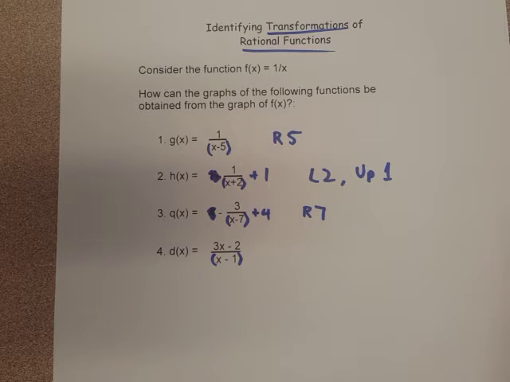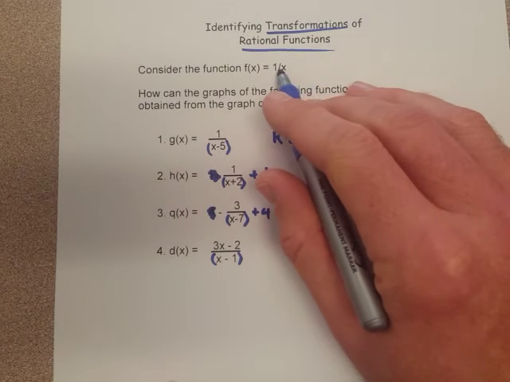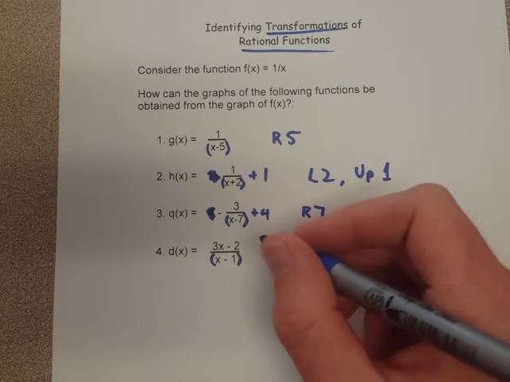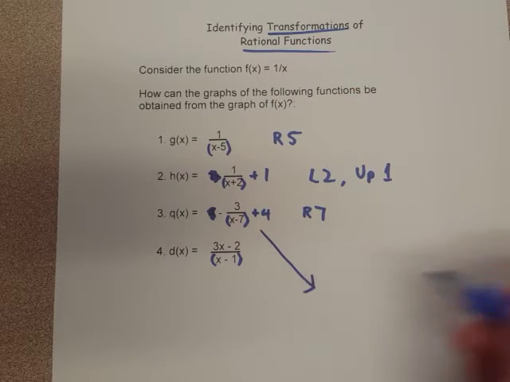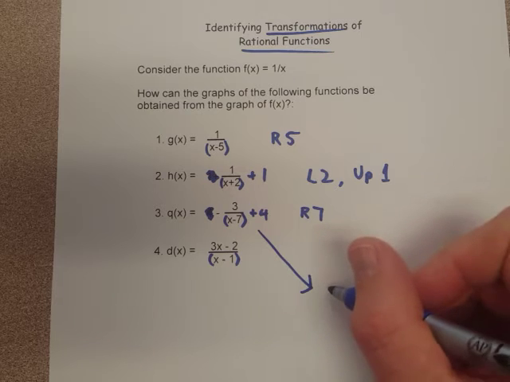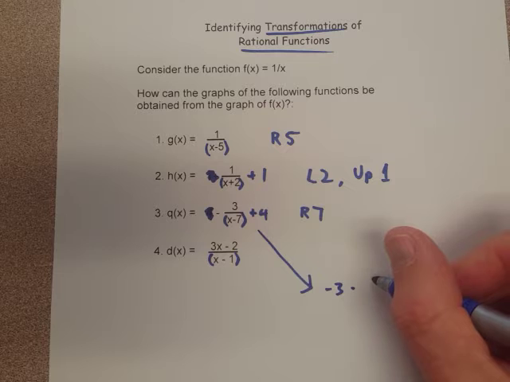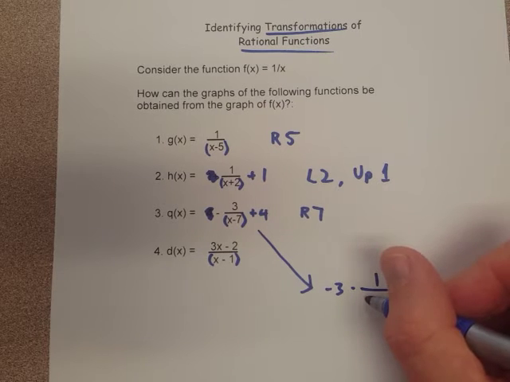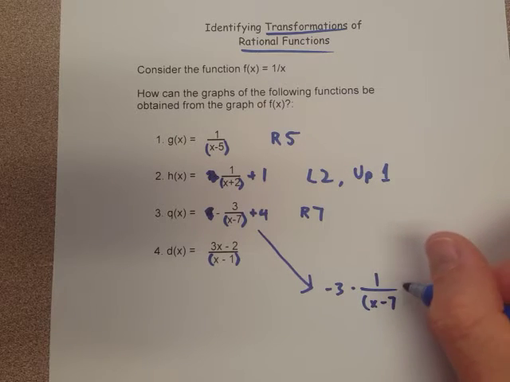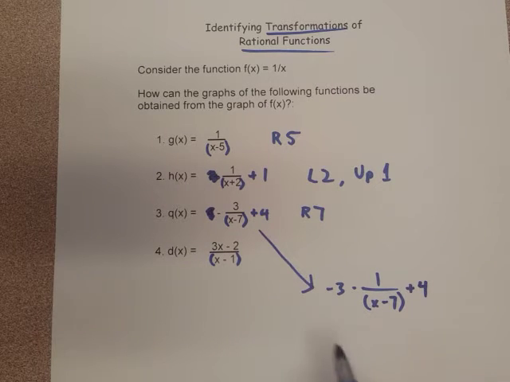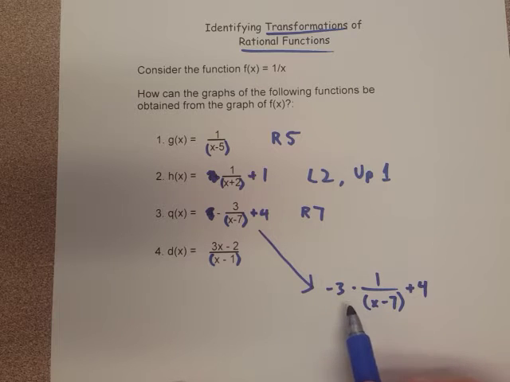You can do that. As far as how it relates to this 1 over x, a way that we could rewrite this to make a little bit more sense is to say, let's pull that negative 3 out in front, and that's multiplied by 1 over x minus 7. That makes it a little more clear to see all the different pieces. That means that if we're multiplying by negative 3, it does a couple of things.